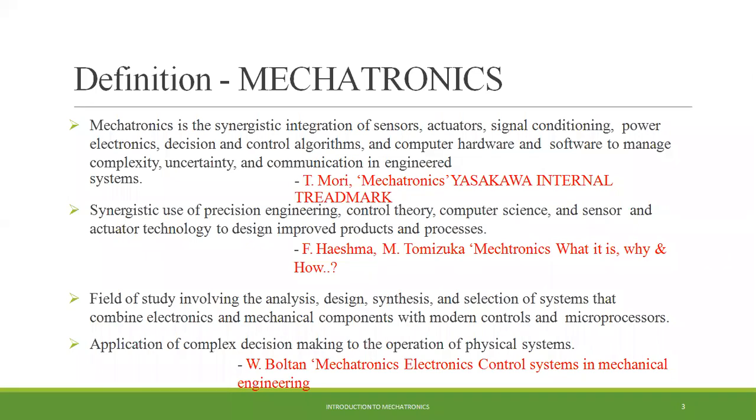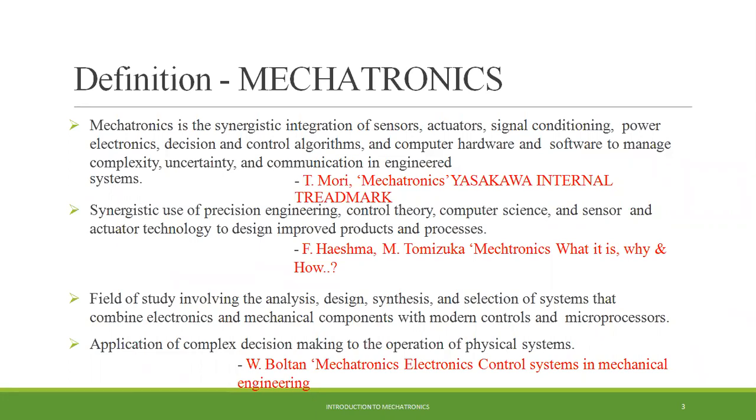Mechatronics is a synergetic combination or integration of sensors, actuators, signal conditioning, algorithms, etc., as per the guidance of T. Mori. And we have already discussed that mechatronics is a synergistic combination of sensors, actuators, and all of these components, signal conditioning.